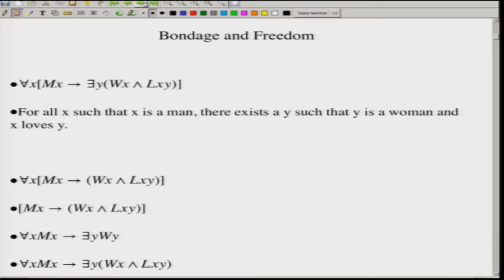If we look at it, we can see that in this case, this variable is bound. There are three occurrences of this variable, 1, 2 and 3, all three are bound by this quantifier, and there are two occurrences of y, and both are bound by this quantifier.